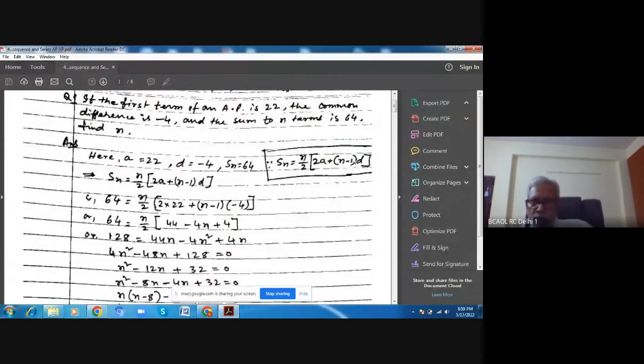So here actually Sn is equal to n by 2 in bracket, the formula is 2a plus n minus 1 d. Okay, so now this is the formula.